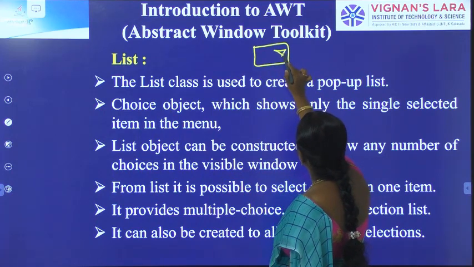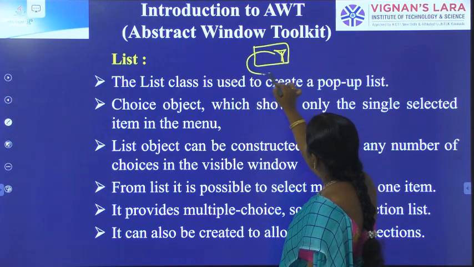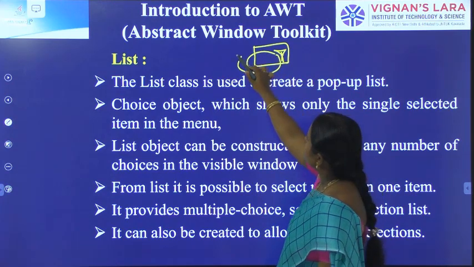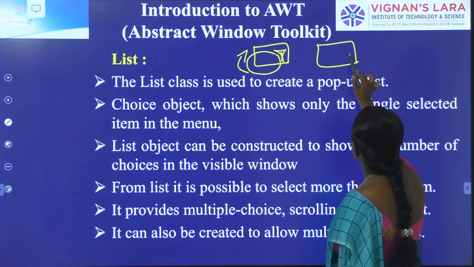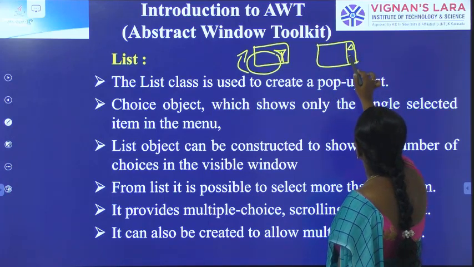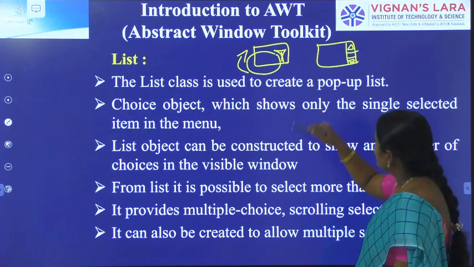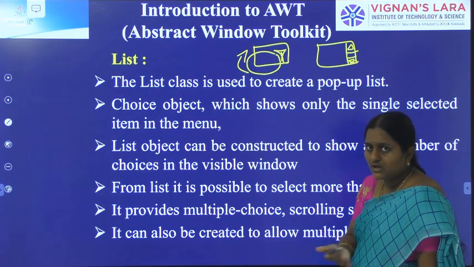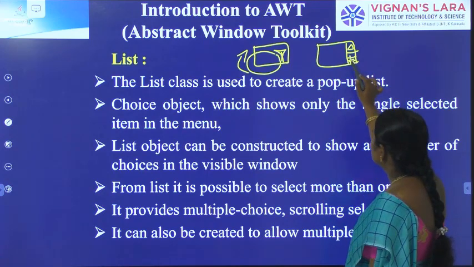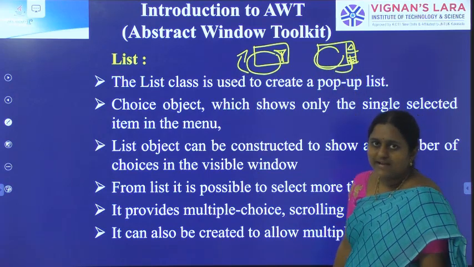Whenever we click and scroll down the choice button, a number of items are present, out of which the user may choose one of the items. Compared to choice, in a list a scroll bar is there, and the user interacts with these scroll bars to choose items in the list.